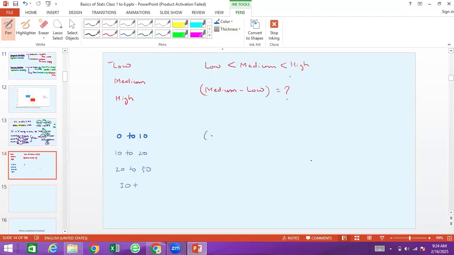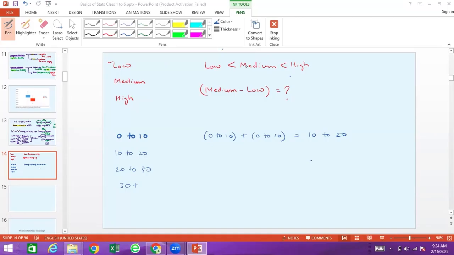Can I say that 0 to 10 plus 0 to 10 is equal to 10 to 20? Is it true? No. It doesn't make sense to add up age groups. So because we cannot do any mathematical operation on this variable, it is a categorical variable.